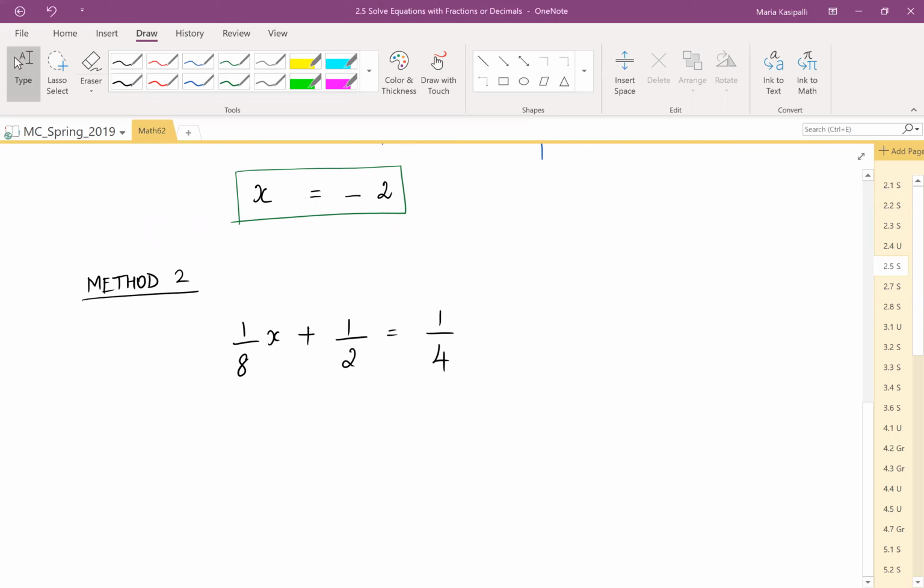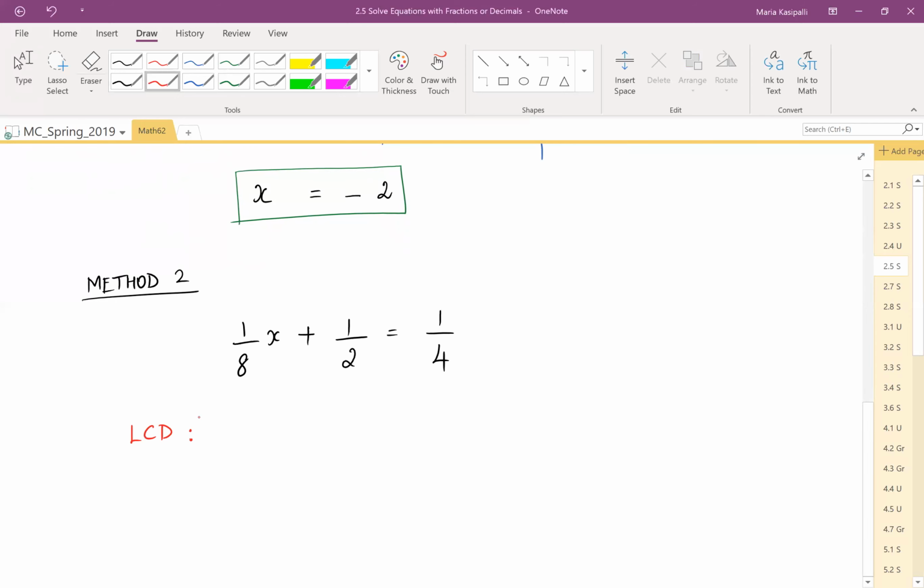We want to get rid of them, eliminate them. So again, remember when it's fractions, you really can't escape LCD. If you think you want to skip LCD, you cannot do that. You either do the LCD in a different step, or you do it upfront like in this method.